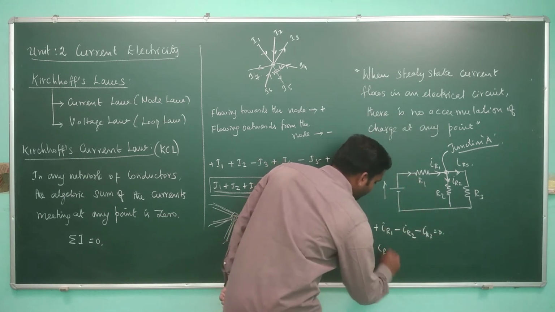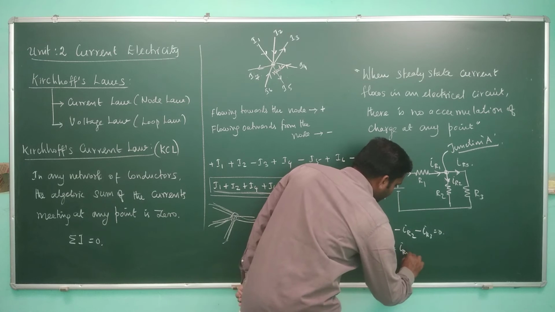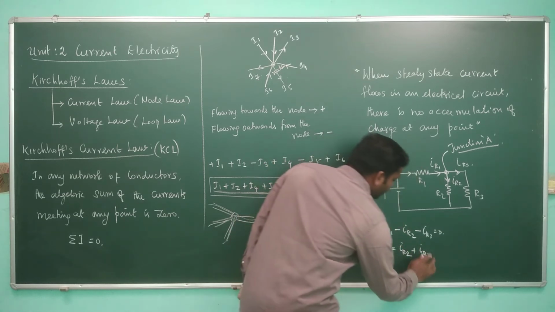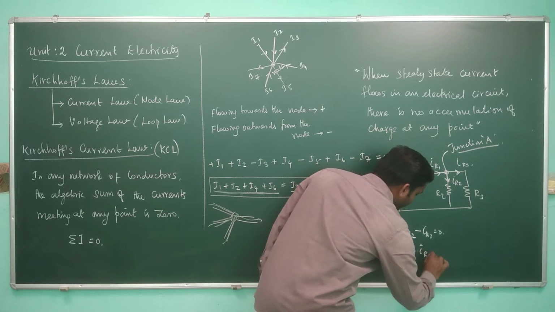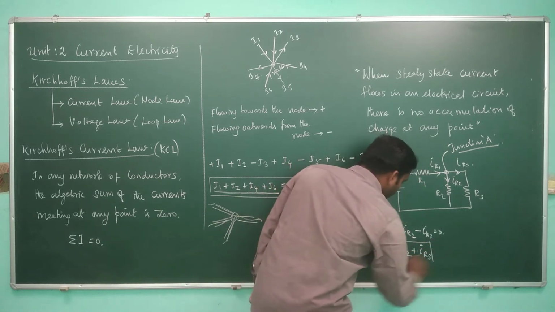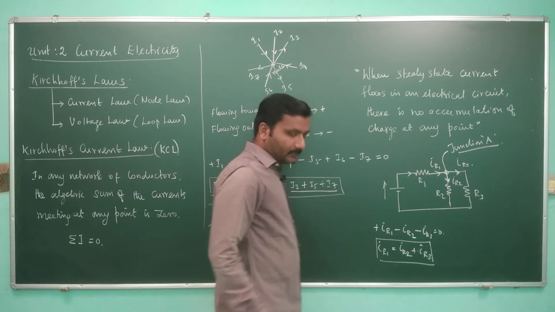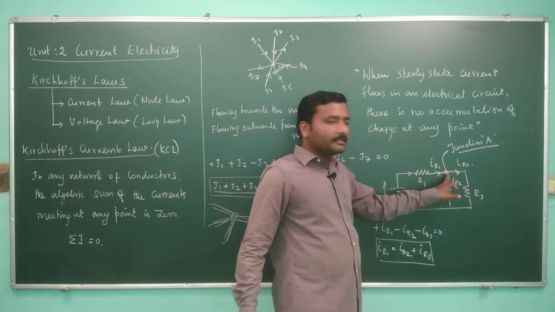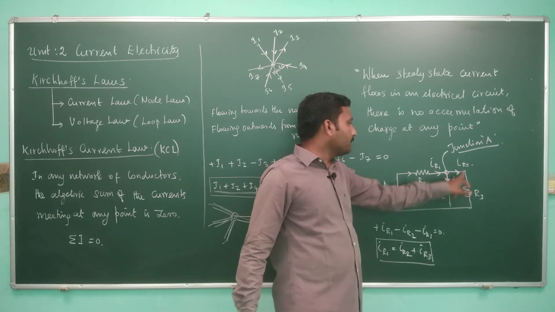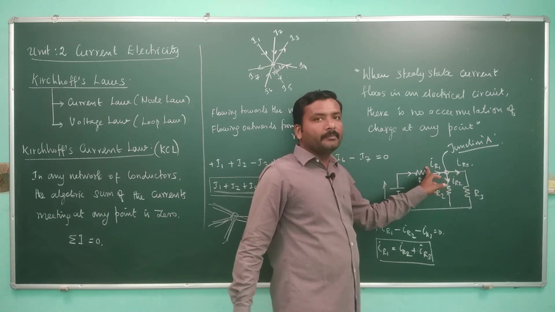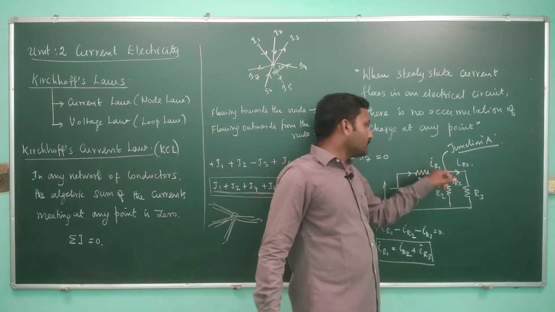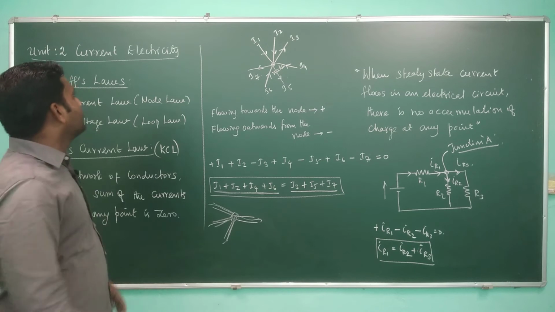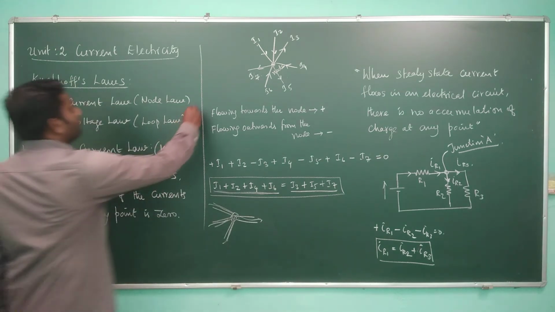So IR1 is equal to IR2 plus IR3. What does it mean? The current passing through resistor 1 is divided at this junction, and the sum of IR2 plus IR3 is equal to the incoming current. So effectively the net charge at the node is 0. This is said to be Kirchhoff's current law.